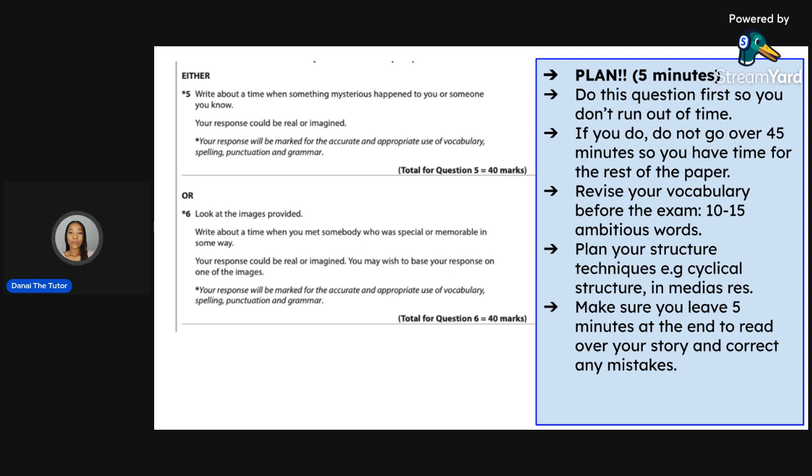So punctuation is something that you're marked on as part of the AO6 assessment objective for this question. And by you taking that time to read, you will actually think about it as actually adding marks to your work by leaving that time to read, because those corrections that you make, they will factor into the grade that you get at the end.